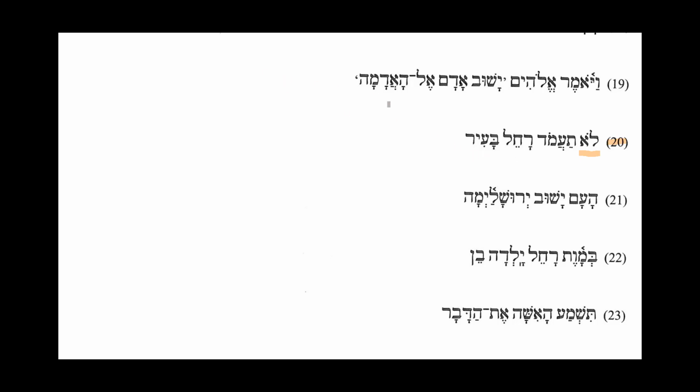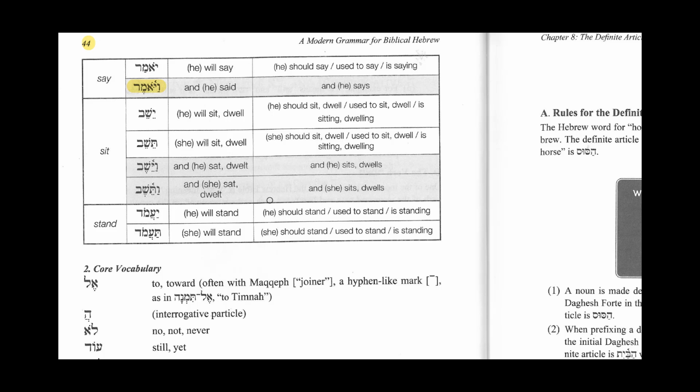All right, so our verb here is ta'amod. We'll need to go find that. That's over here on page 44 of the textbook, and it's down here, ta'amod. We actually have two forms. We have ya'amod, which is third masculine singular, and we have ta'amod, which is third feminine singular.